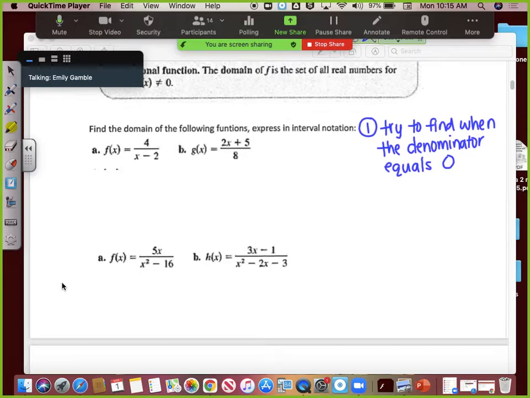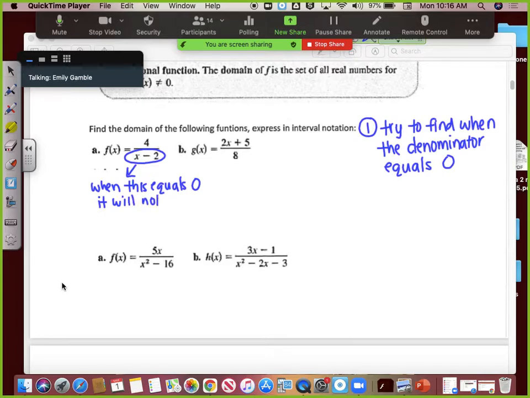Whenever the denominator equals 0, that means that function will be dividing by 0, and dividing by 0 will give you an error. It does not actually work. So to find the domain, what we will do is look only at the denominator. The numerator doesn't matter at all. When this denominator equals 0, it will not work.